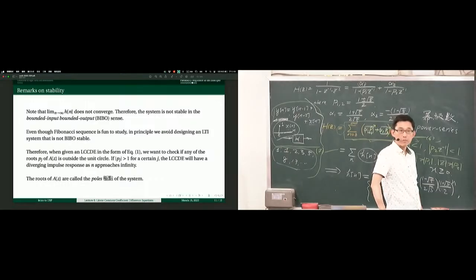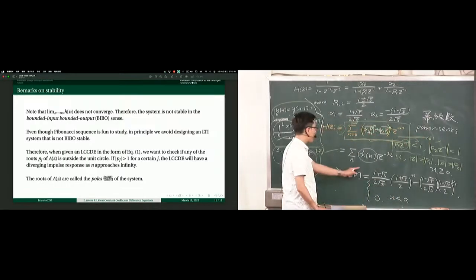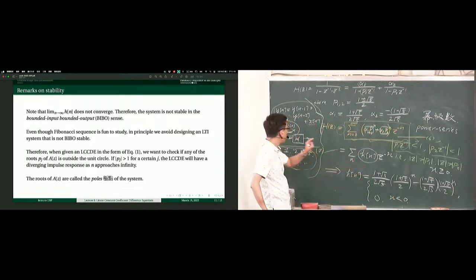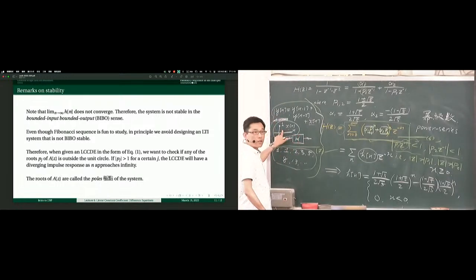Okay, literally, what does that mean? Recall that the impulse response is a response to the delta function, right? The delta function is bounded. Here we have an example of receiving a bounded input, and as a matter of fact, the input has only one non-zero sample. It's certainly bounded.